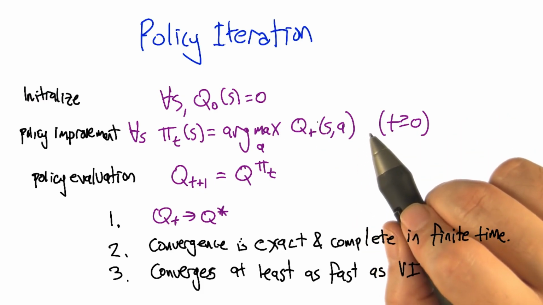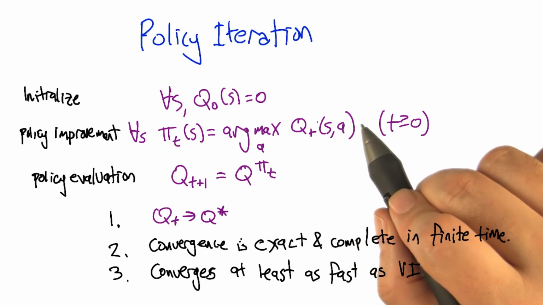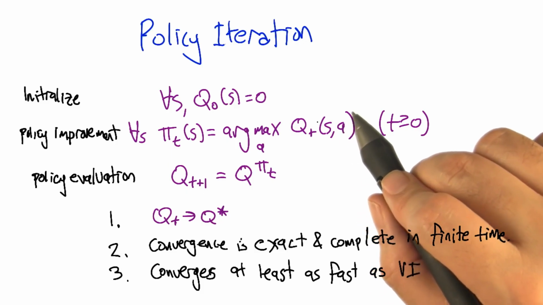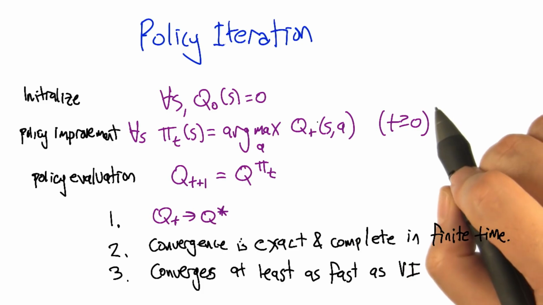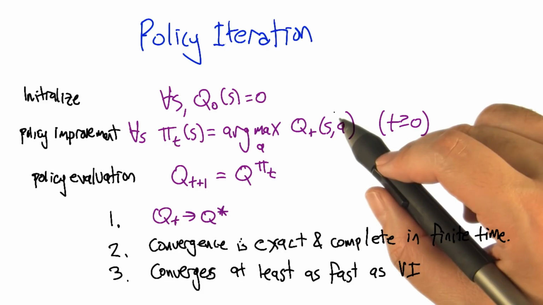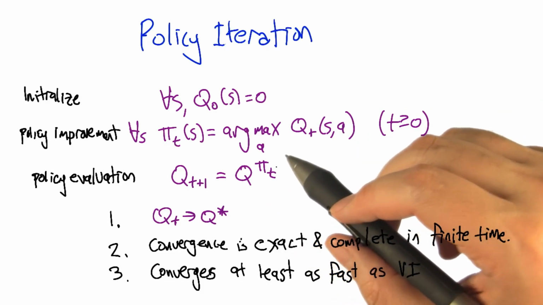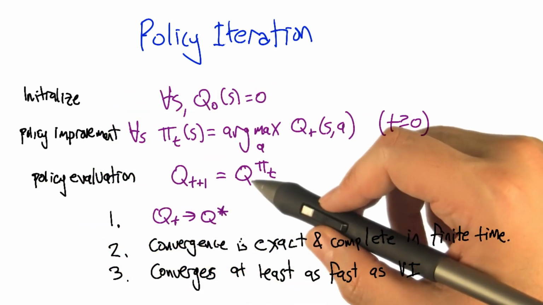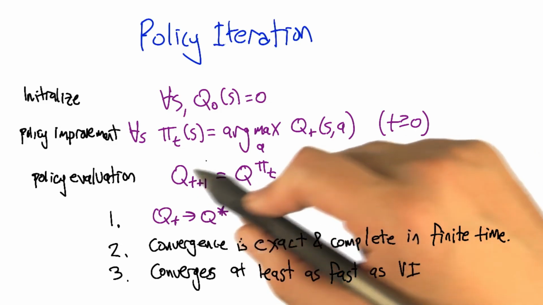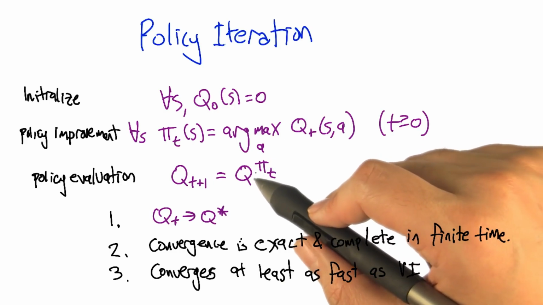So why is it not way better? There is a bit of a trade-off, as you like to say. We're getting faster convergence at the cost of greater computational expense. In particular, this policy evaluation step, which takes the policy and works out the Q function for that policy, you can do by solving a system of linear equations, or perhaps more commonly, by running something like value iteration to completion.